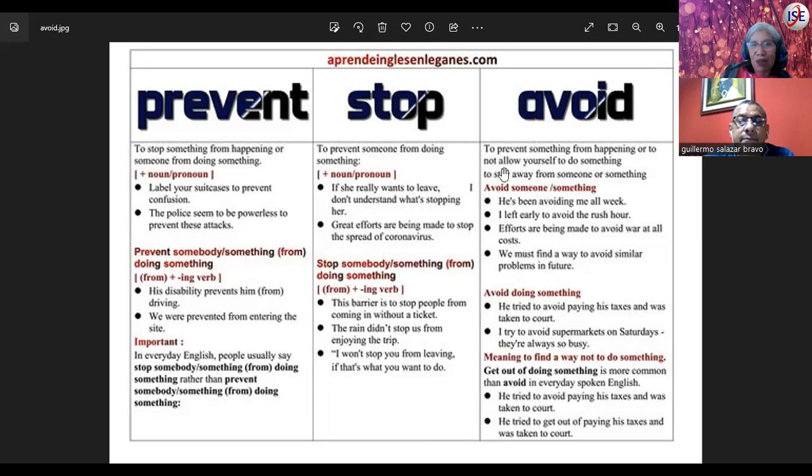Stop, prevent someone. Okay, so it's kind of, how can I say, como delicado to give a real translation of how to use each one. I know how to use them, but for me, it's difficult to explain.